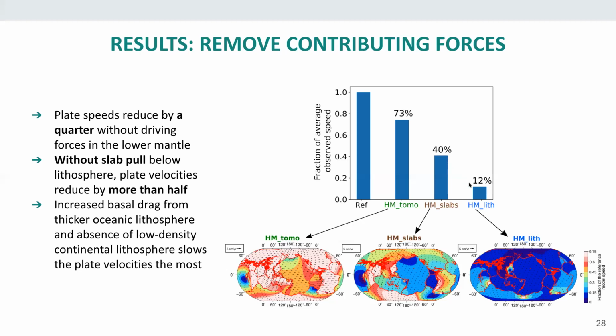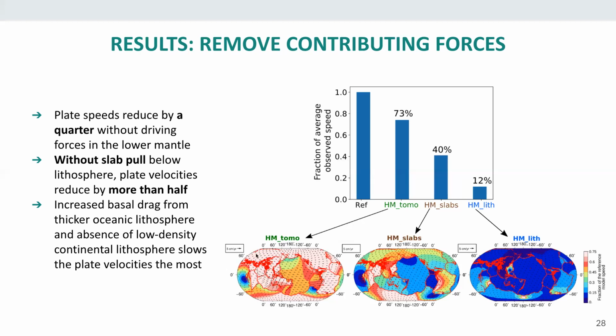And next, if we don't have any lithospheric structure, or the lithosphere is the same, there is no difference in density between continental and oceanic lithosphere, and the subduction would not initiate. So even though we have slabs and we have tomography data, this model gives us only 12% of the observed speed in the reference model.